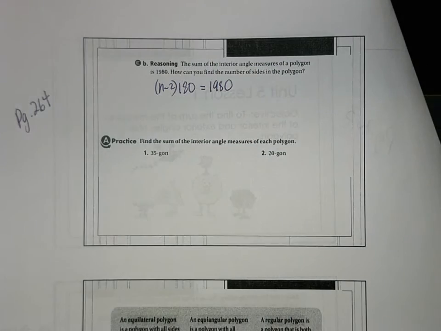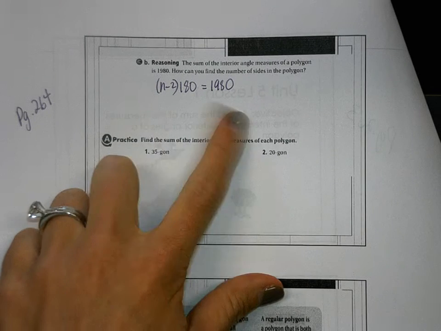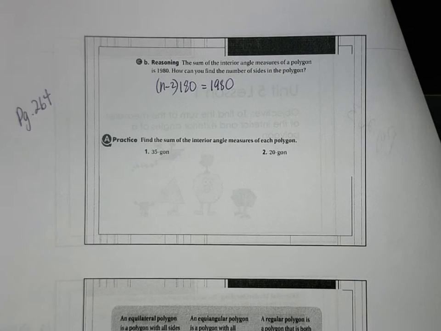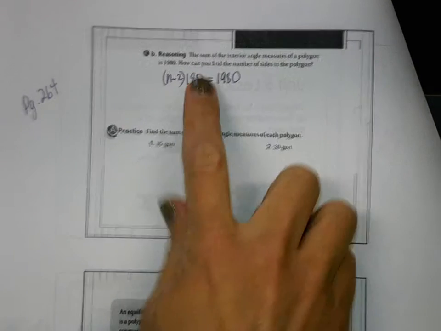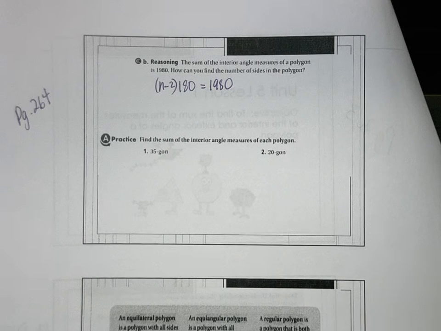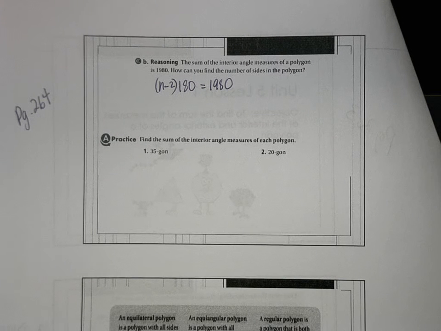When you're at this point, you have a couple different ways that you could solve. Some of the groups divided by 180 to both sides first. The other way you could do it is you could distribute 180 through here and then solve for n. Which way would you guys like to do it?